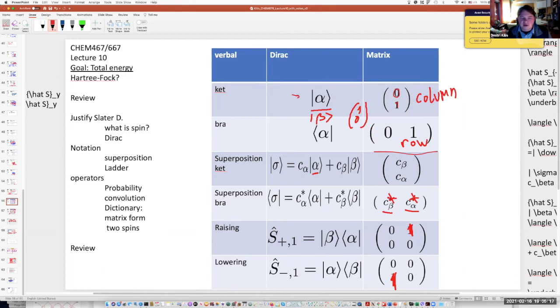If you have a superposition, then we add together these proportionality coefficients, probability amplitudes, and we place them in the column vector. If it is a bra, we will place these coefficients in a row vector.